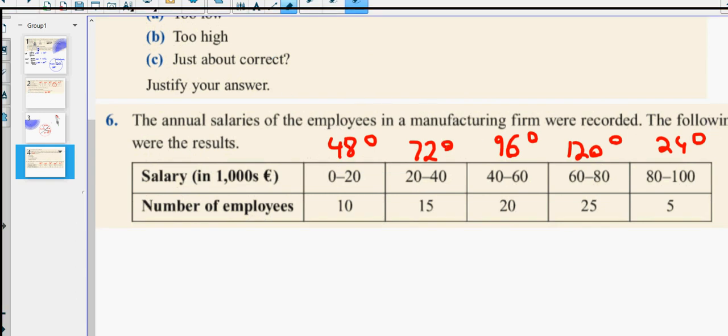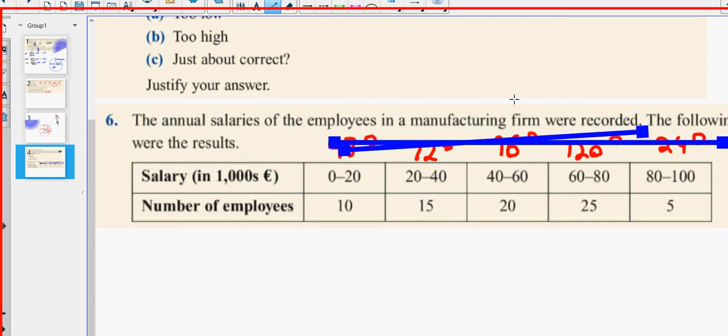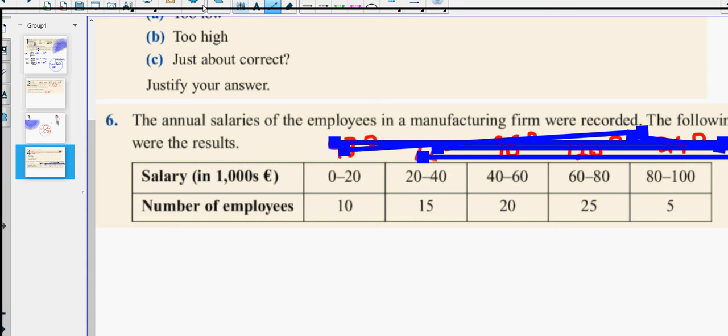I'll just strike them out for you. Alright, what can I replace the first one with? The first class, 0 to 20, what's the mid-interval? 10. 30. 50. And 70 and 90.